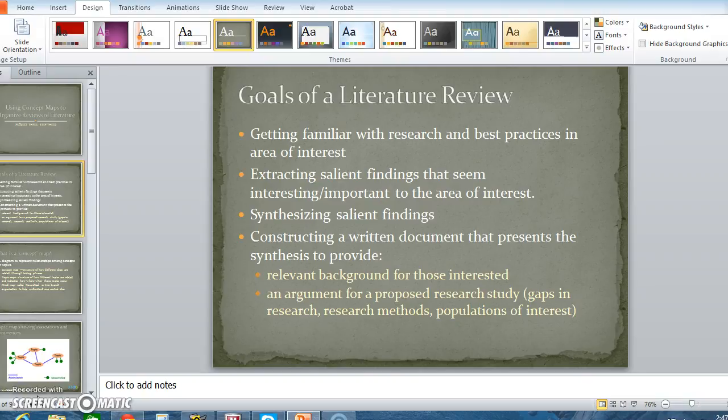Therefore, it's important that you still consider how you will narrow your topic. Even if you were to look at, say, genetic testing for breast cancer, that in and of itself is far too broad a topic as well.